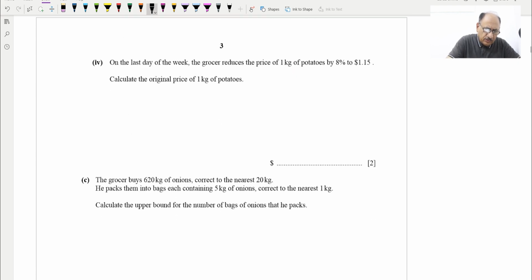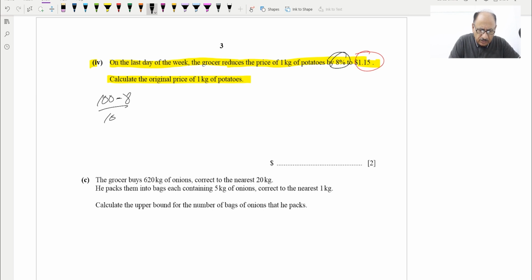This is done. Now the next part: on the last day of the week the grocer reduces the price of 1 kg of potatoes by 8% to $1.15. So 1.15 is the new price, and they are saying calculate the original price of 1 kg of potatoes. For an 8% reduction we write 100 minus 8 over 100.